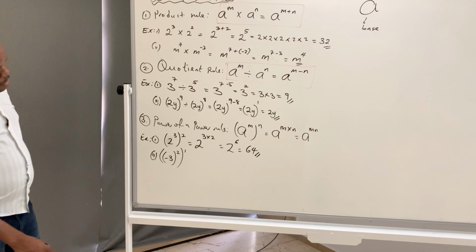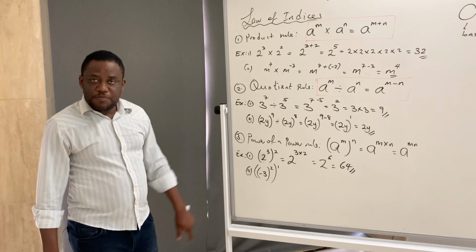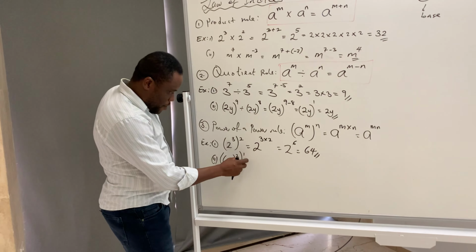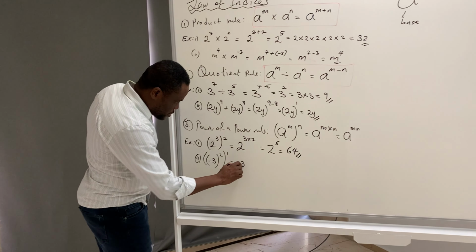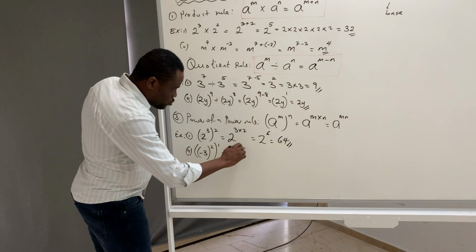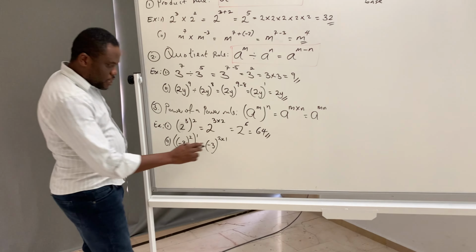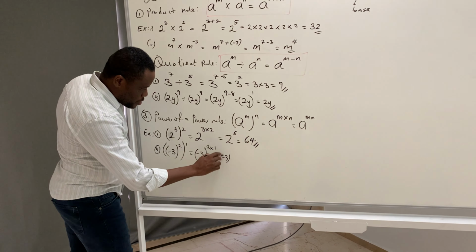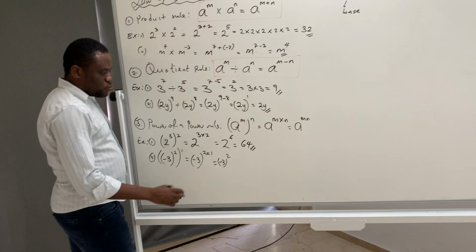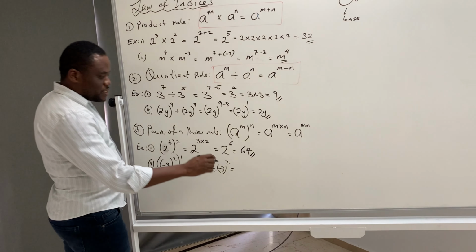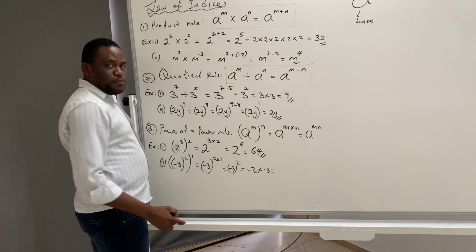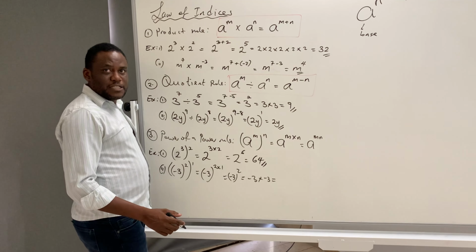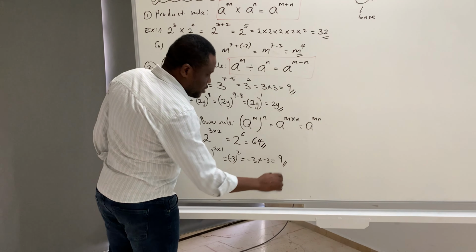Power of power means multiplication of the powers. So we have minus 3 to the power of 2 times 1, that is 2. Minus 3 in 2 places. That is minus 3 times minus 3. Minus times minus is plus, and 3 times 3 is 9.